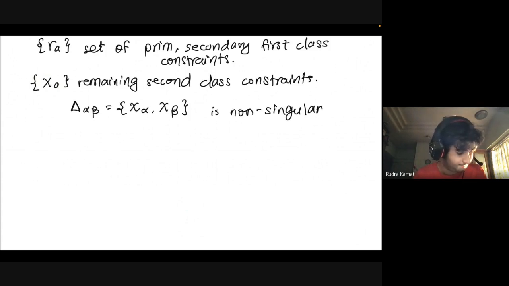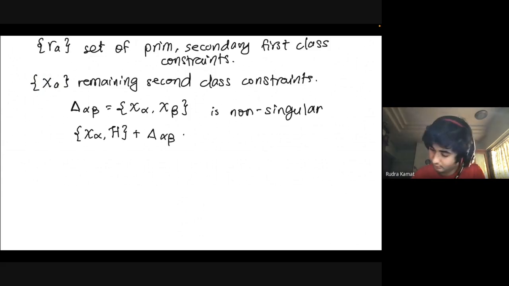And then in the time evolution, you can see the Poisson bracket of chi alpha with the Hamiltonian plus delta alpha beta u beta is weakly zero.